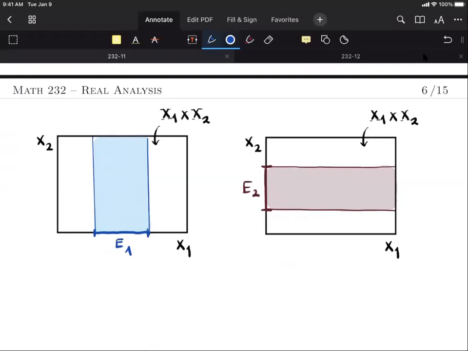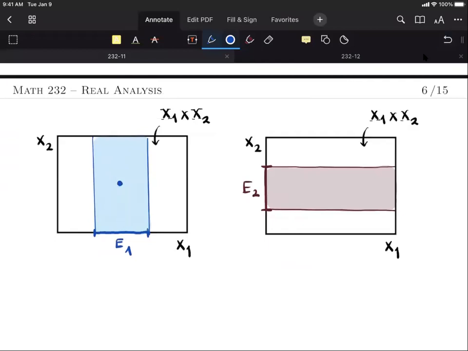If I have a subset E sub 1 of X sub 1, that is the horizontal axis, we want to determine all points in the Cartesian product that when projected to X1 will belong to E sub 1.